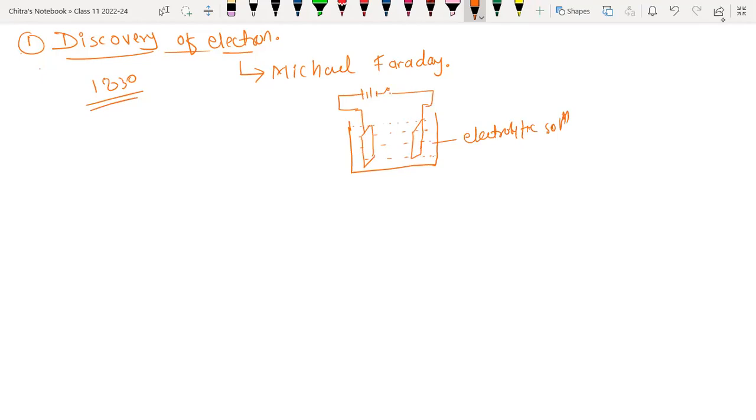Okay, so Michael Faraday showed that if electricity is passed through a solution that has ions, it is called an electrolytic solution, then an electrolytic process takes place there. Electrolytic process means what?